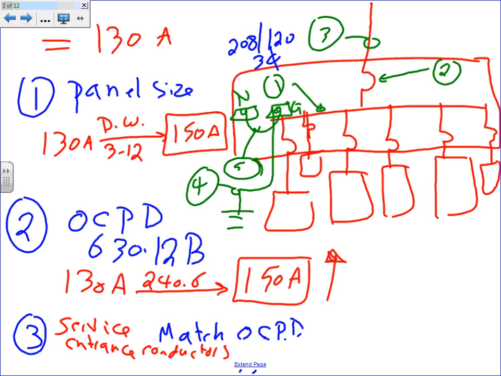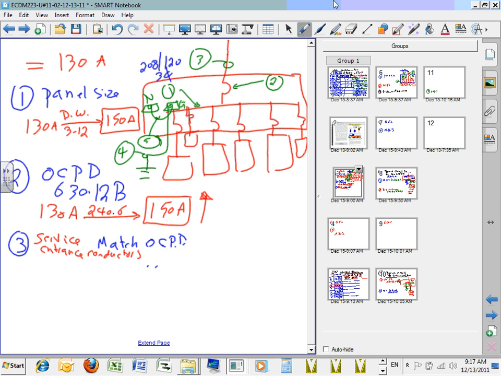I said match the overcurrent protection device. Now, code-wise, guys, you can really go and size based on the 130 amps. But good design is to always match the overcurrent protection device when it comes to the panel.